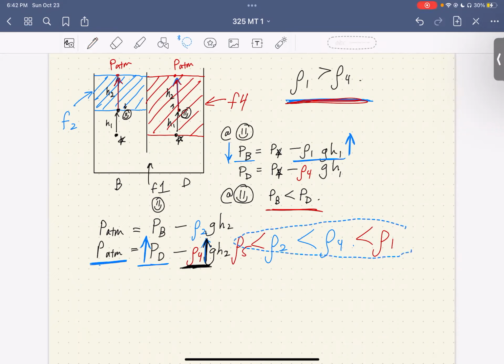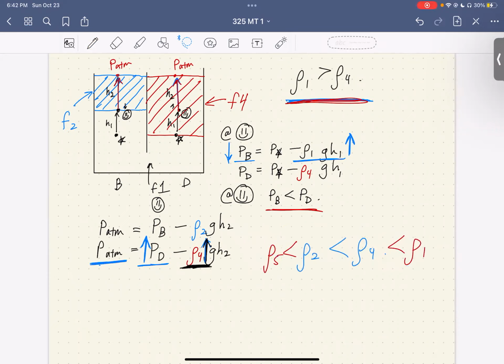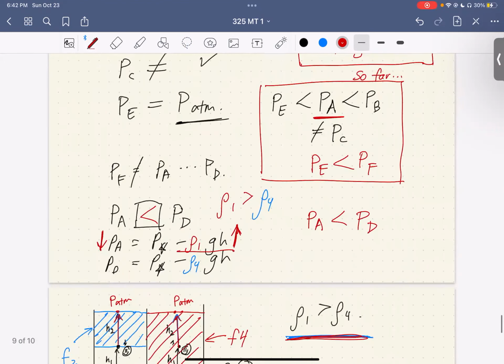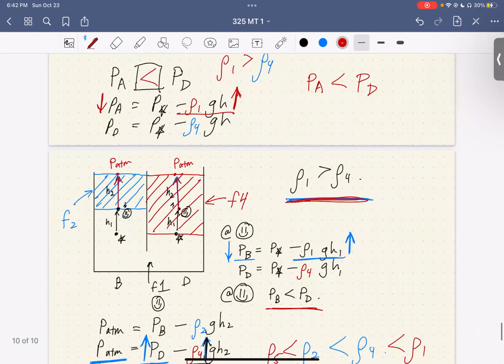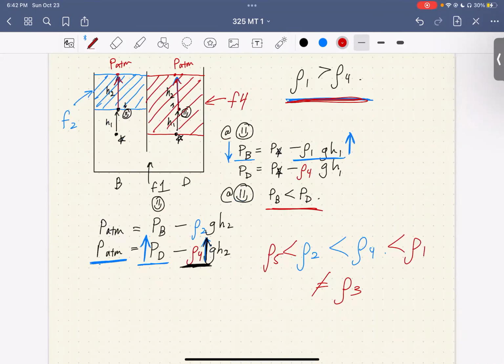So we have all of these right here. And lastly, we know that rho 3 cannot be equated. So let's just double check. Therefore, you have already your answer for another part of this question. Right there.